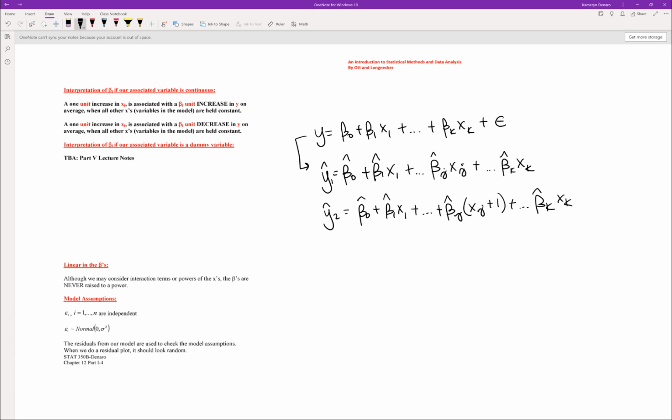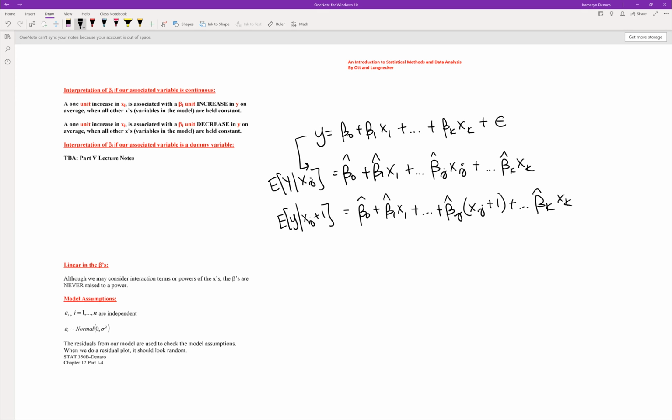And if I take the difference between these two things, the difference between my second prediction and my first prediction, I could redo the notation to say the expected value of y given xj plus 1 versus the expected value of y given xj, right?